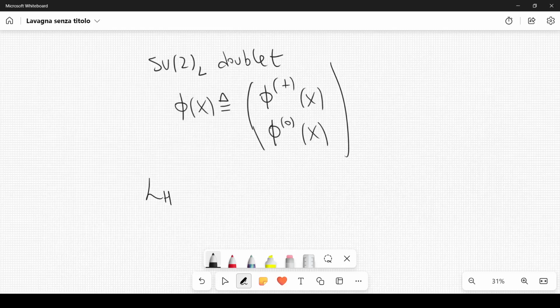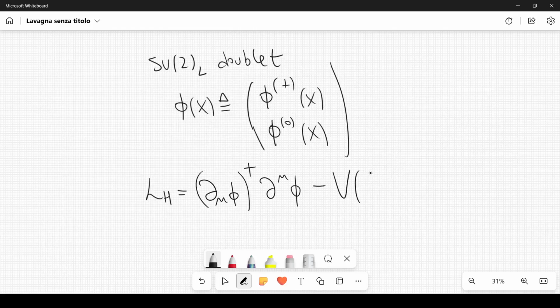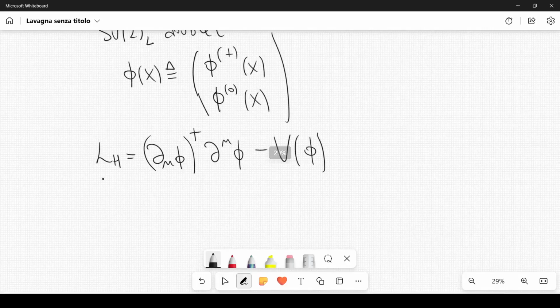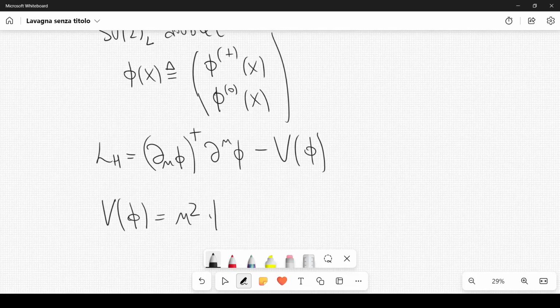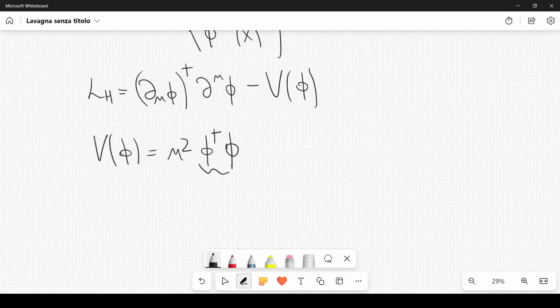Consider the Lagrangian related to this Higgs field. Let's write down a Lagrangian of the following form: ∂_μ φ† ∂^μ φ minus V(φ), where V(φ) is a potential, which we write like this: V(φ) is μ² φ†φ. This μ is a constant, not to be confused with the index μ. And φ†φ is the modulus of φ squared.